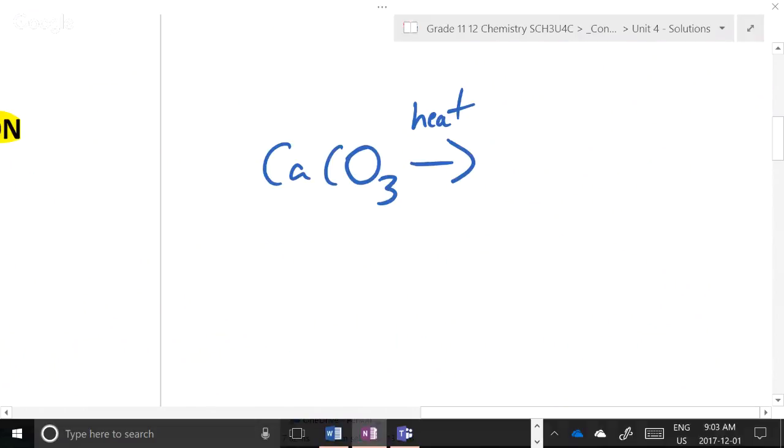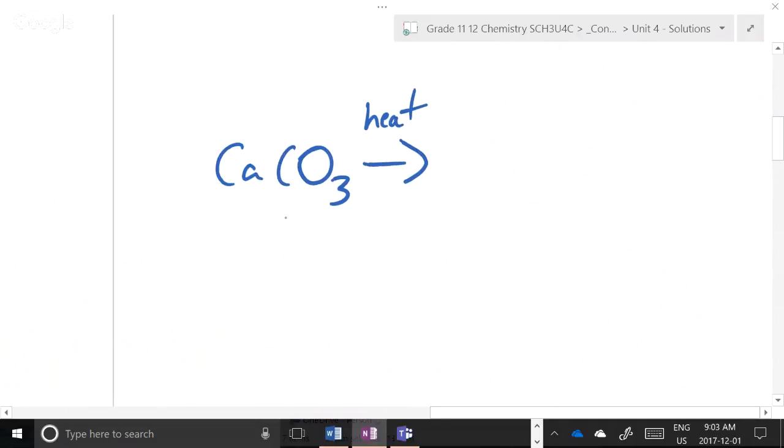What do we call that kind of reaction when one thing separates into 2 things? Decomposition. And a decomposition of a carbonate always gives you CO2. And what remains over here would be, well, we've taken the carbon, we've taken 2 of the oxygens. What's left? Calcium and oxygen.